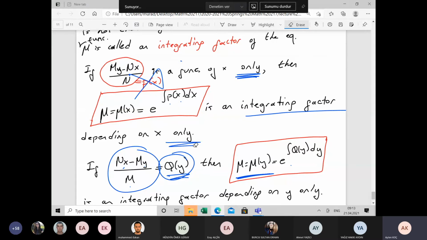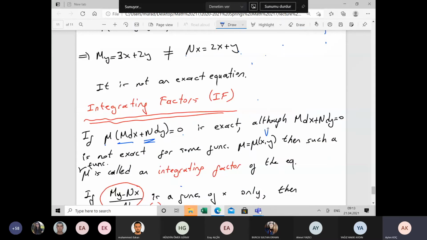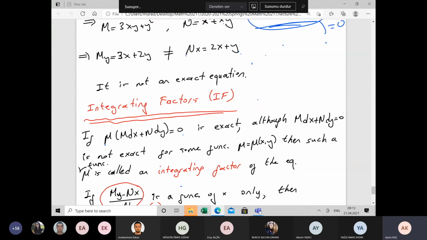Take our equation, multiply by mu, and then we obtain a new equation. The new equation is exact, so we know how to solve the exact equation.